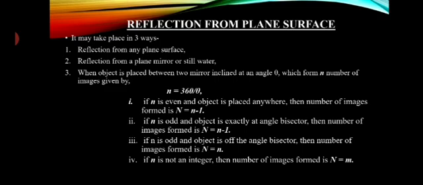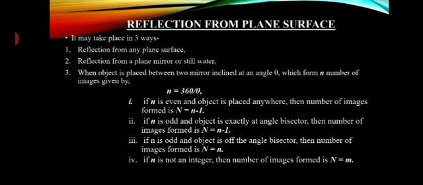Now, if this n obtained is even, whatever the object's position may be, the number of images formed will be capital N, that is n minus 1. Similarly, if n obtained is odd and the object is placed exactly at the angle bisector.